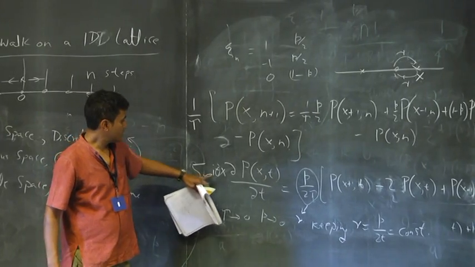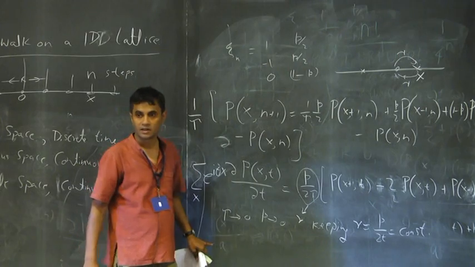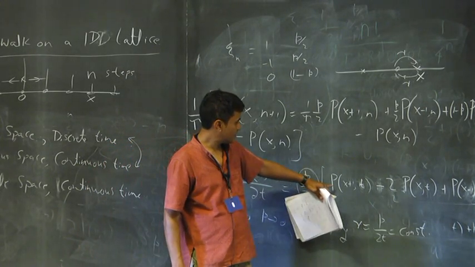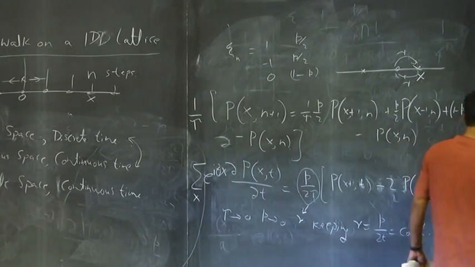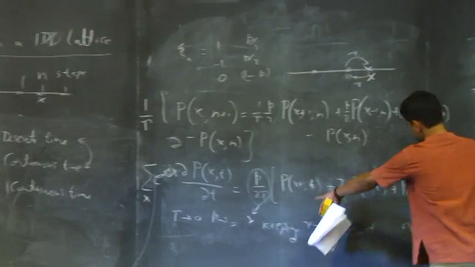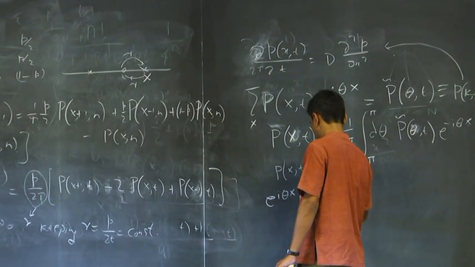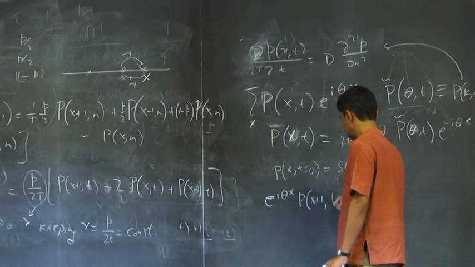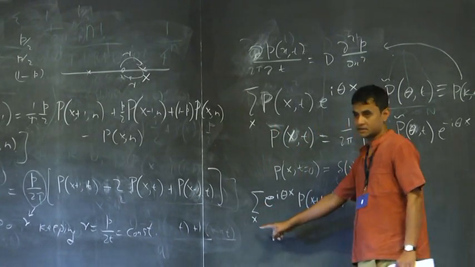That will give me an equation for p tilde of theta, t, right? Let me write this step. For this term I have e to the power i theta x, summed over all x.